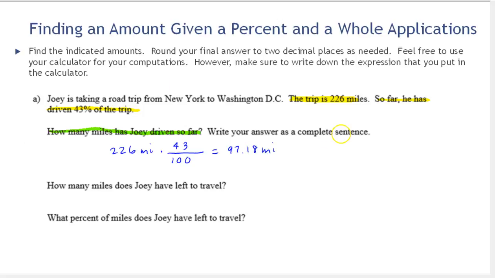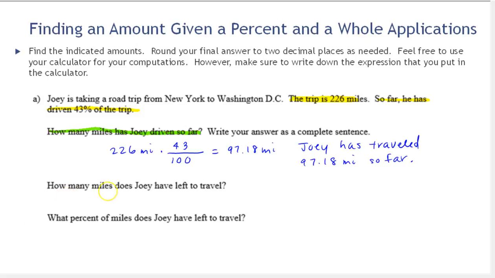So as a complete sentence, Joey has traveled 97.18 miles so far.